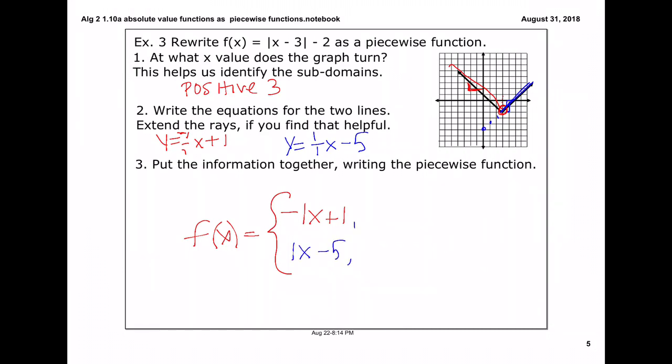We then want to state their subdomains, so we're going to use where our turning point is. So we're going to say where x is less than 3 for our top function, and then our right ray, or the blue one, we're going to say x is greater than or equal to 3. So we only graph that piece of the line.